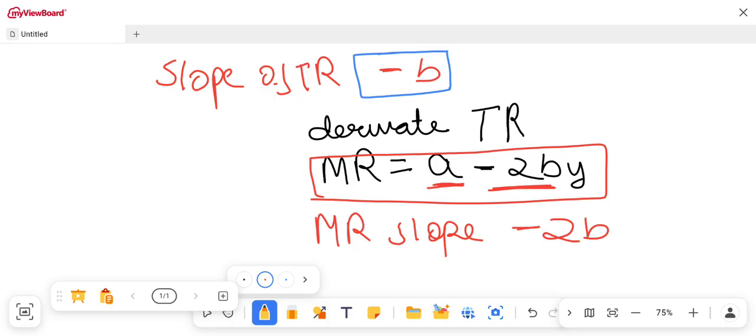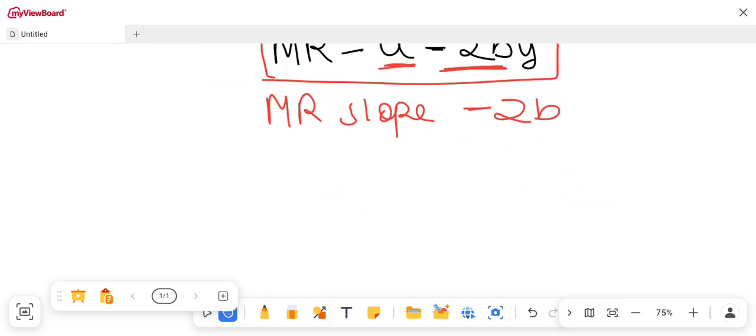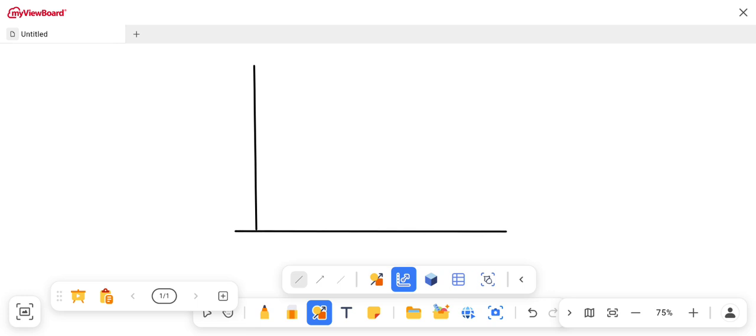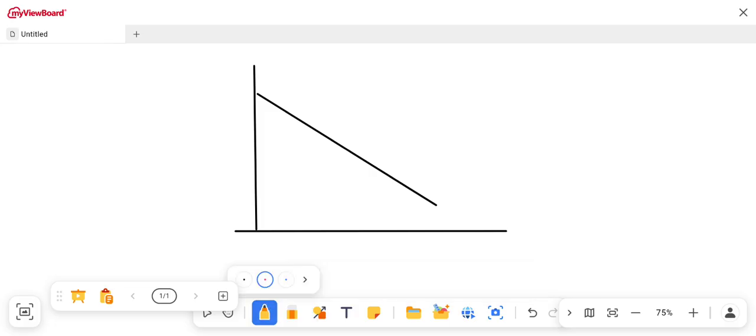So let me show this through a graph. Suppose this is the graph and the intercept is A. We know that on the y-axis there is intercept, and the intercept of total revenue is A. So total revenue curve is minus B, and it is downward sloping.